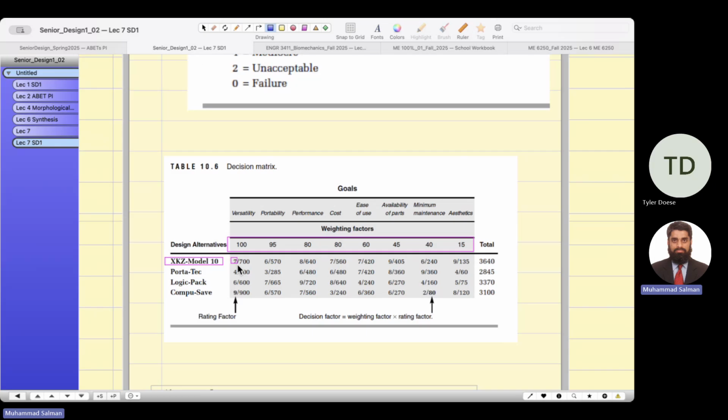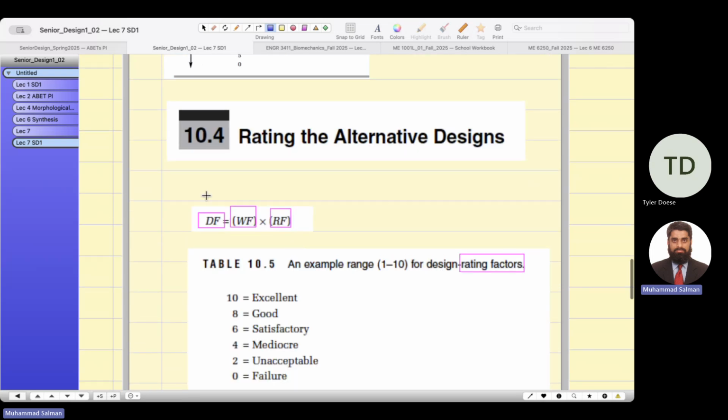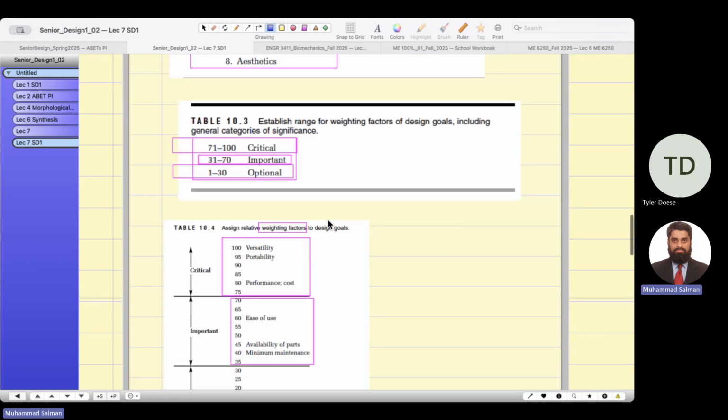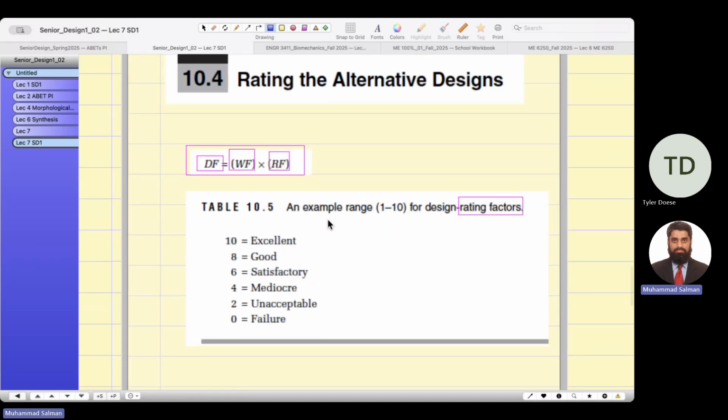Suppose you give 7 out of 10, and 9 out of 10 to design number 4, for example. This is design number 1, 2, 3, 4, and then you will multiply, use this formula for the decision factor, the weight factor which you already mentioned here. You will give your thought. This will come with your thought process.